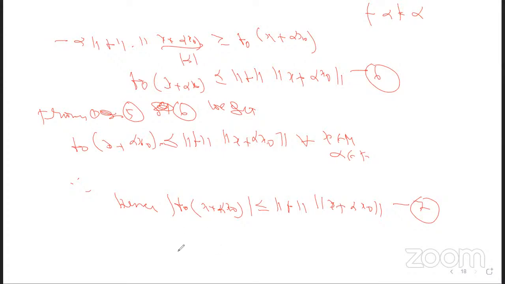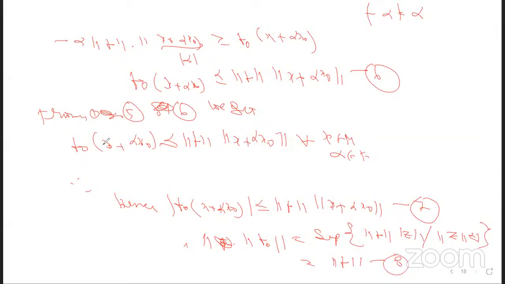Similarly, norm of f naught can be written as supremum of norm f and norm z such that norm z is less than or equal to 1, in place of x he took z, that equals norm of f.